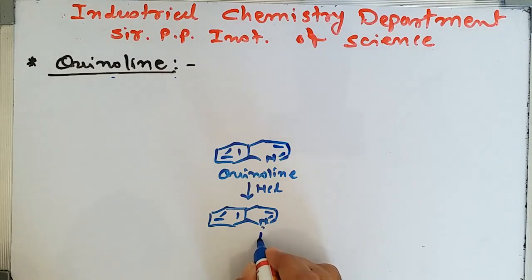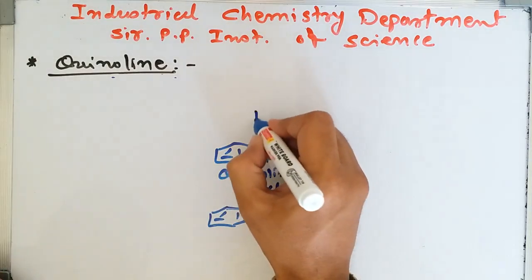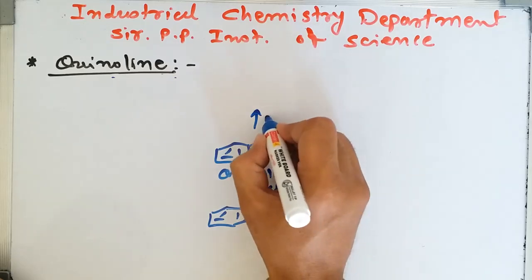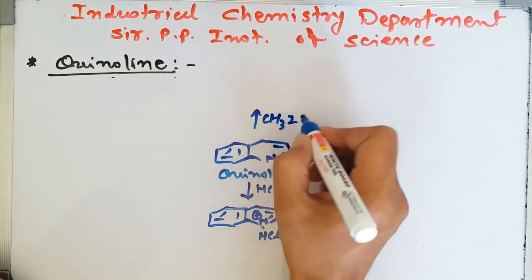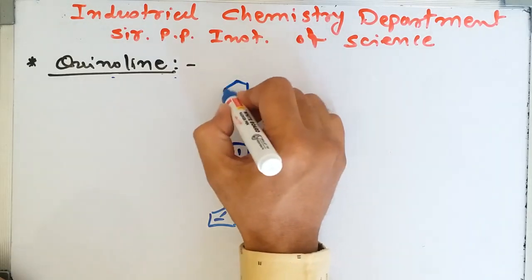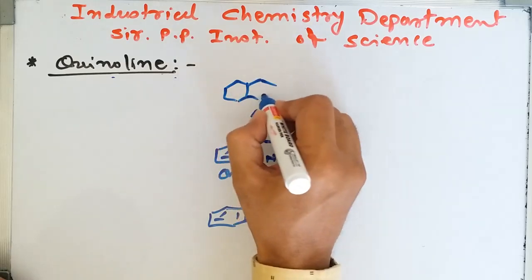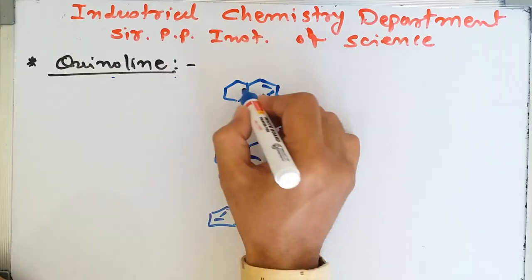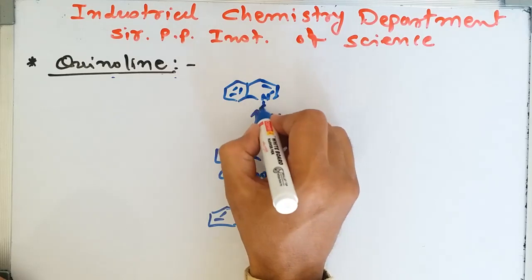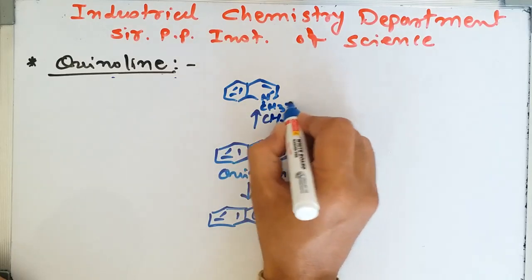HCl, this is minus and N is plus. It is quinoline hydrochloride. If we treated with methyl iodide CH3I, then CH3I joined.